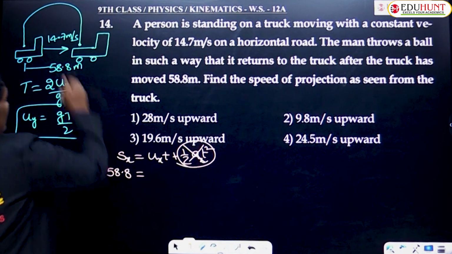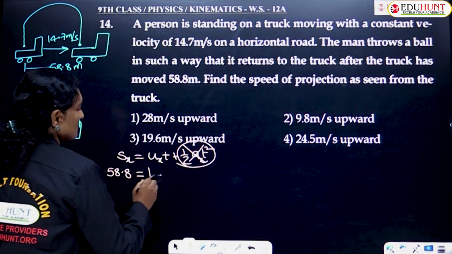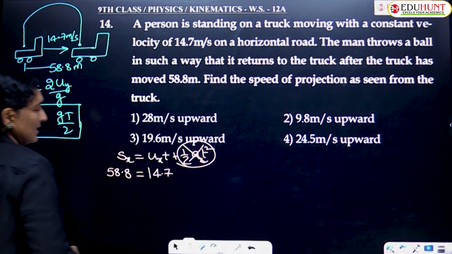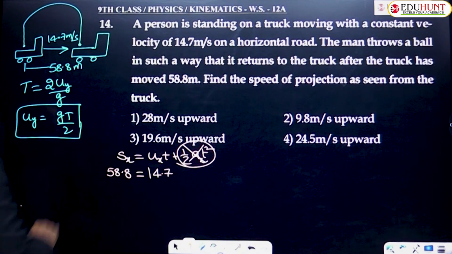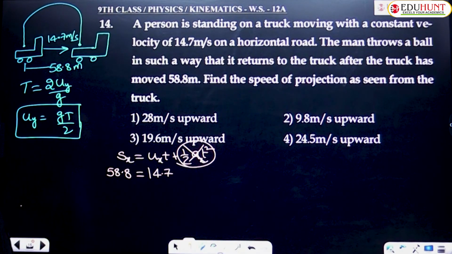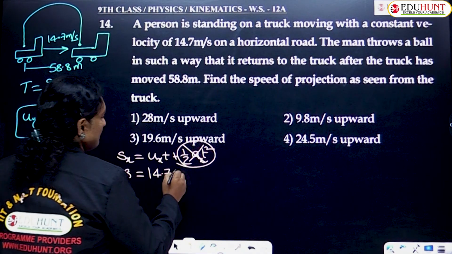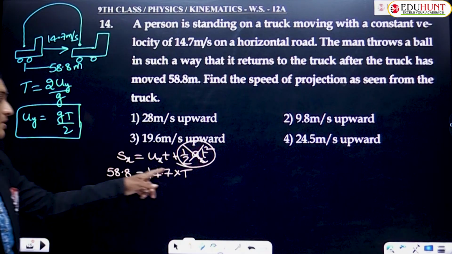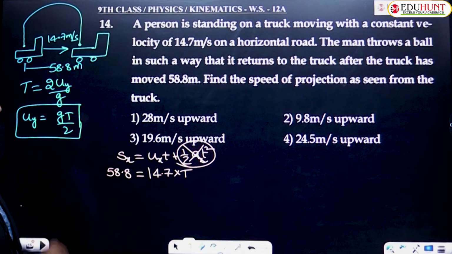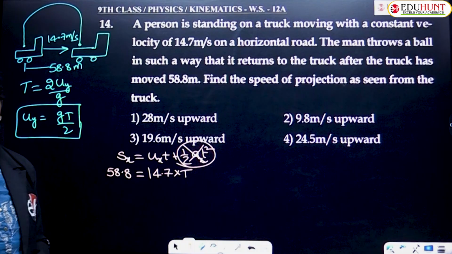Whether it is the truck or the ball, the horizontal distance covered by it is 58.8 meters, equal to the velocity with which it is moving, taken as 14.7 meter per second, times the time. This ball has to come back into his hands after a certain time, and that time is nothing but the time of flight. So let me represent it with capital T. Whether it is horizontal displacement or vertical displacement, the time of flight remains constant.